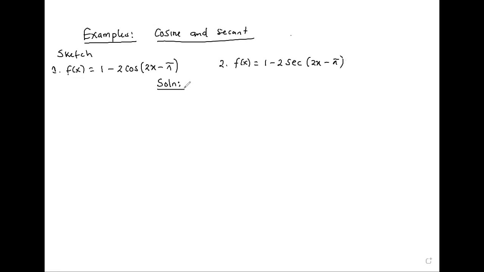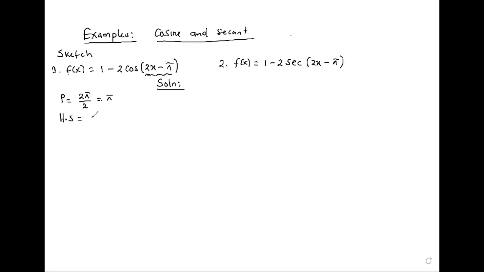For the sake of sketching, if the question just says sketch, we just need the period, which is 2 pi over b. b is the coefficient of x, so it's 2, and we'll get pi. And then we also need the horizontal shift, which you obtain by equating this to 0.